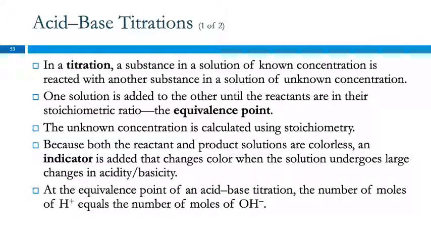So at the equivalence point, if I'm adding base to an acid, the acid was acidic, I'm adding base. At the equivalence point, it's neutral because I've added just enough hydroxide to neutralize all the H+. And then I add a teeny tiny bit more, and now the solution becomes basic, and the color changes. And that tells me to stop.